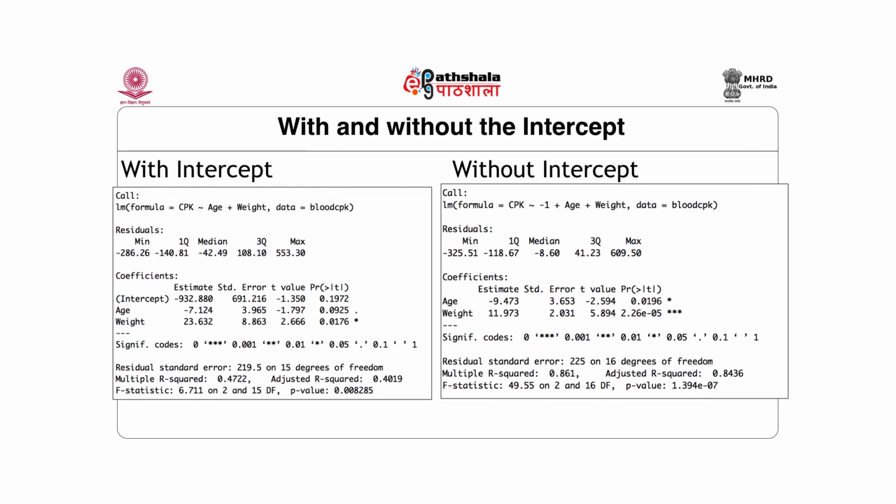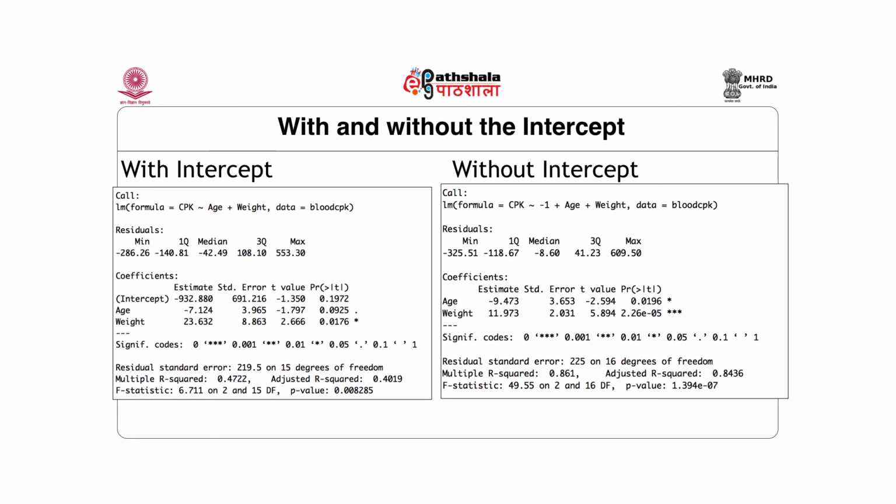Then also take a look at the standard errors. In the case of age, the standard error, or the variability, has come down a little bit, from 3.96 to something like 3.65. But note the standard error for weight.